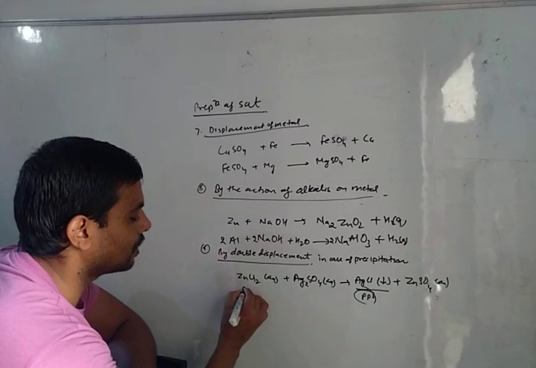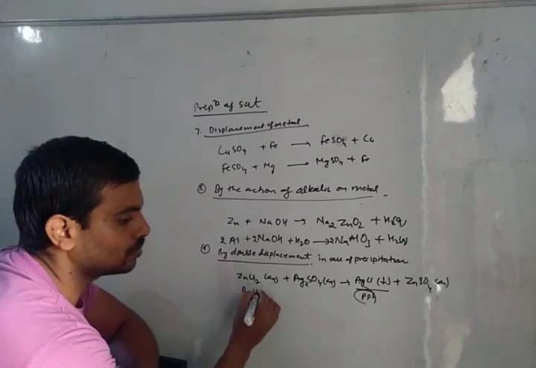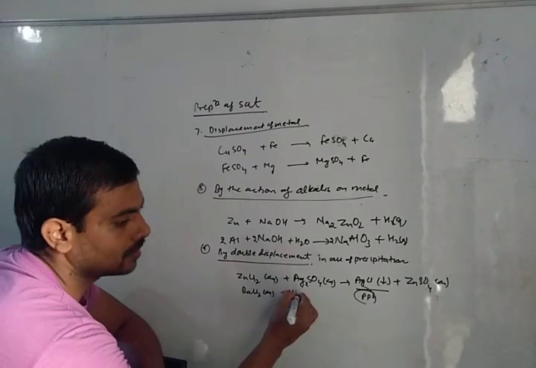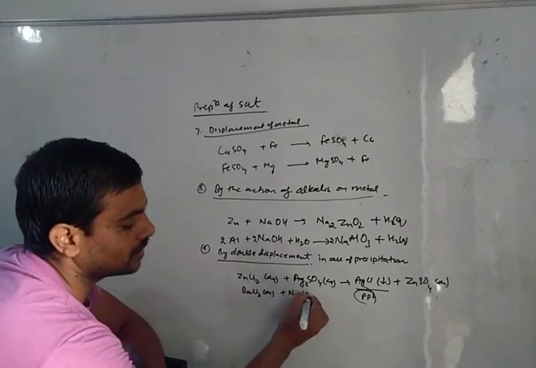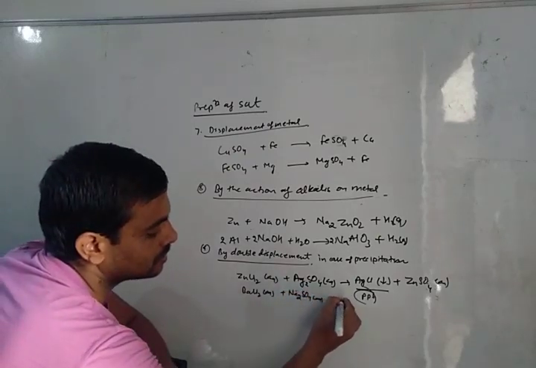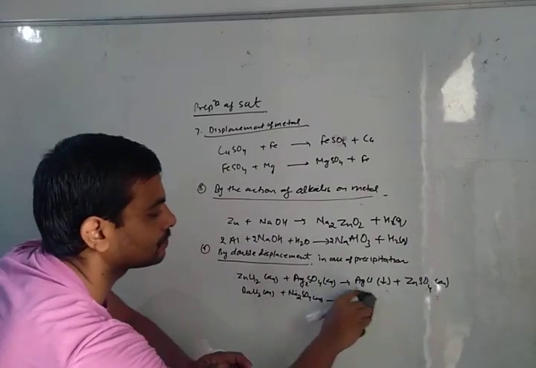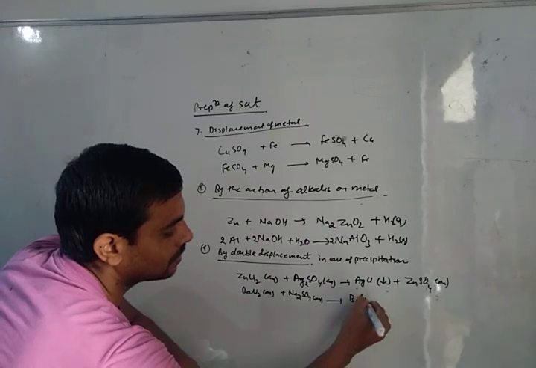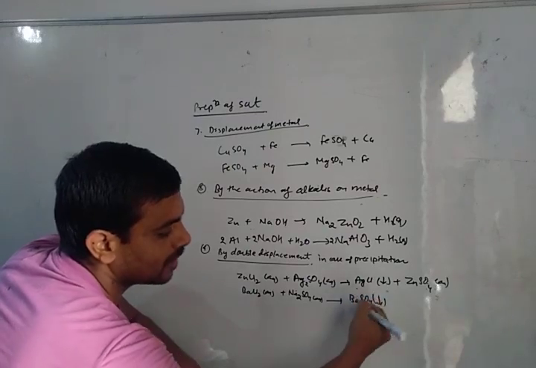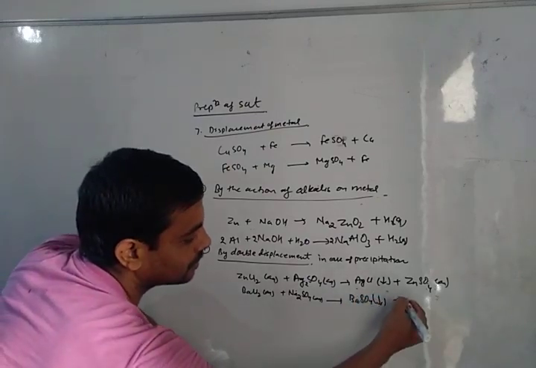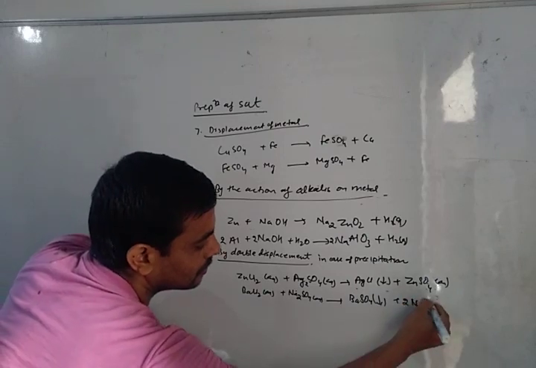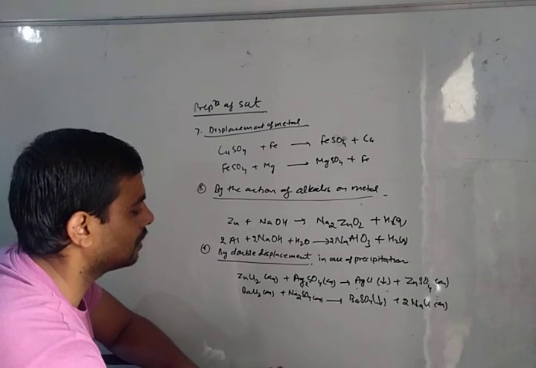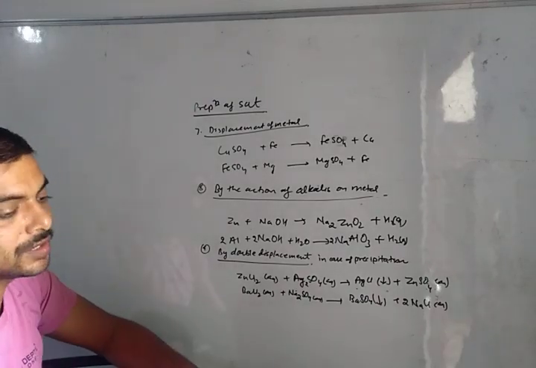Let's see another example. When barium chloride BaCl2 aqueous is treated with Na2SO4 sodium sulfate aqueous, it again combines to form barium sulfate, a white PPT, plus NaCl aqueous. Got it?